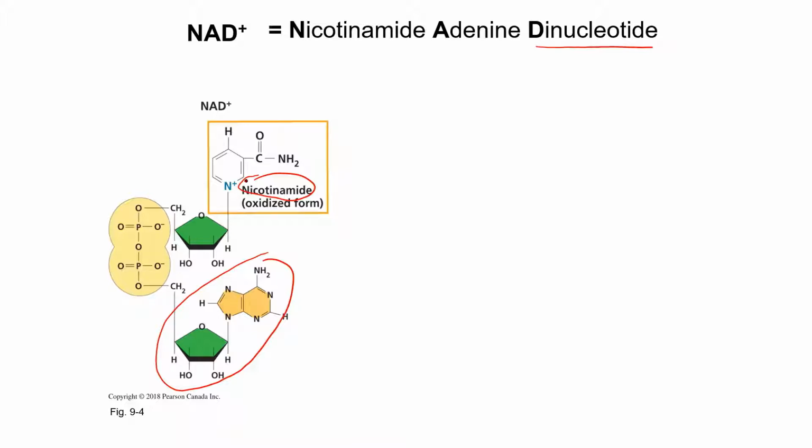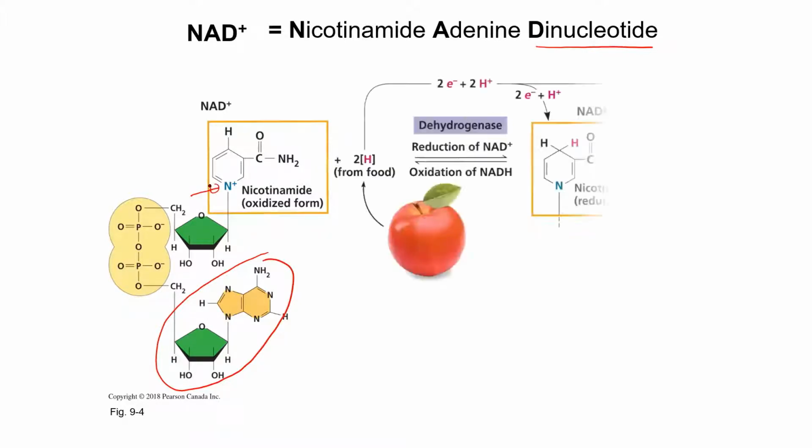So this is what NAD+ looks like. It's an abbreviation, and the plus literally means it has a positive charge. So right there's the positive charge on a nitrogen. So when we oxidize our food and we take those electrons away, that's taking electrons. Remember, there's that word dehydrogenation. We are going to take 2 electrons and 2 hydrogens in many cases.